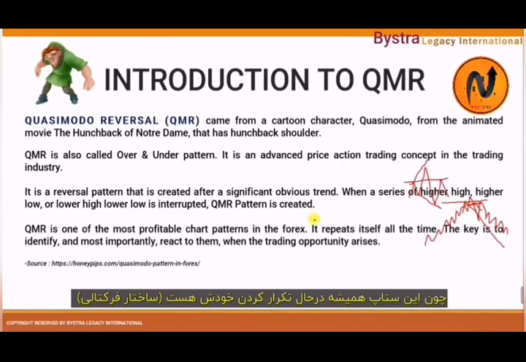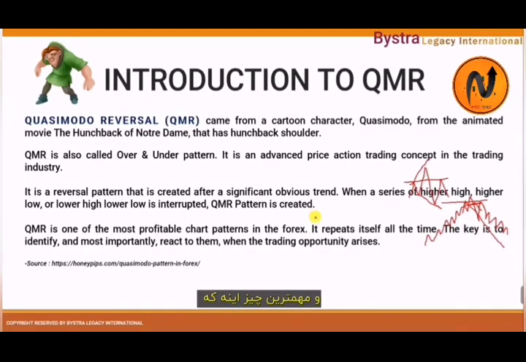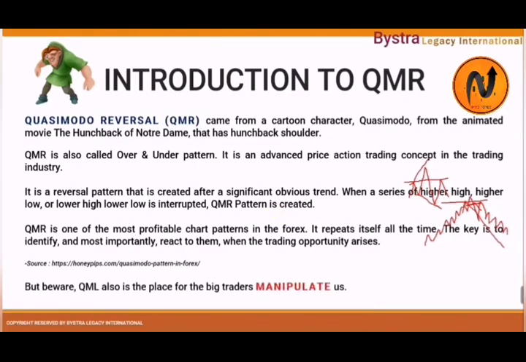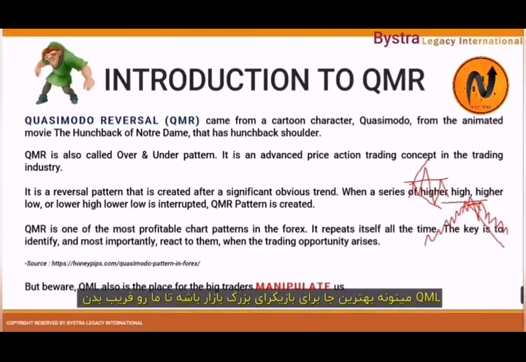Because this setup always repeats itself, the most important part is that we're able to identify and catch this setup whenever an opportunity arises in the chart. But beware guys, QML is also the best place for big traders trying to manipulate us.